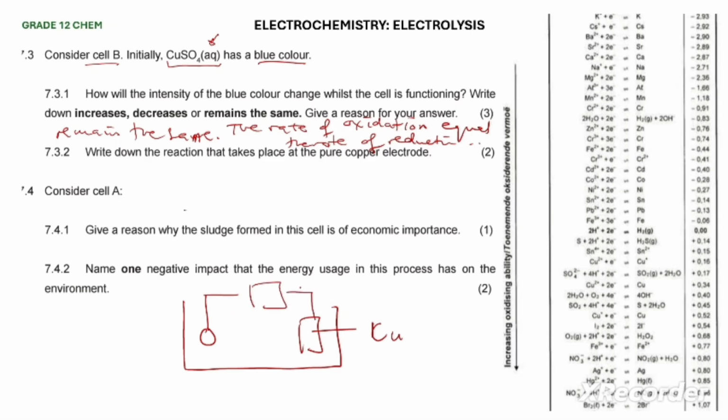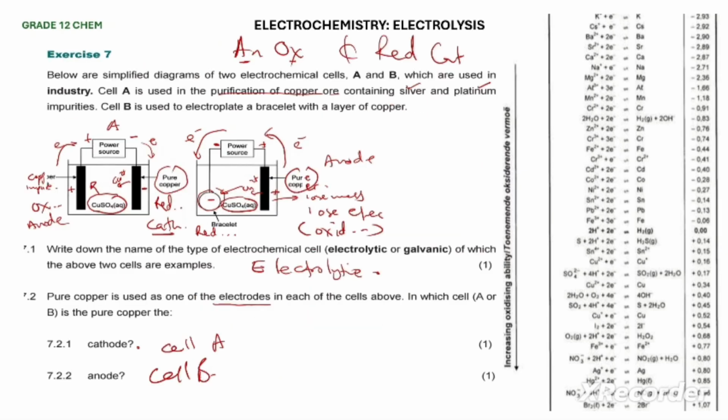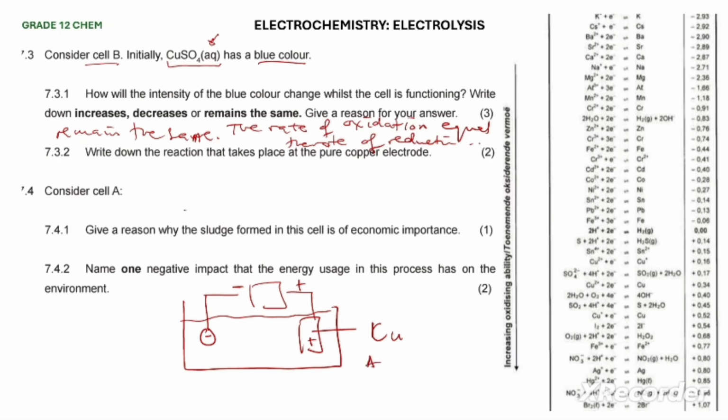We already said positive there, and this is negative. Now, we want a reaction that's going to happen this side. We said there's oxidation occurring there. Since this is our anode, we say there's oxidation. So we need a reaction that shows oxidation of copper.